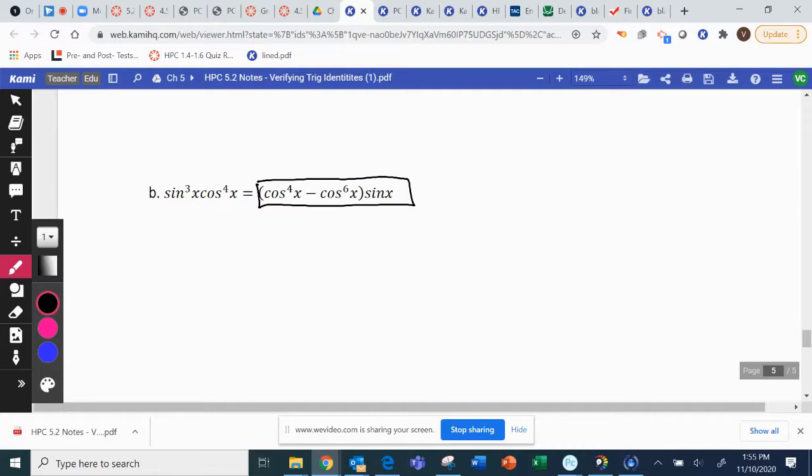So for this one, let's see. I know that there's a sine x, but right now there isn't just one sine x. There's multiple sine x's.